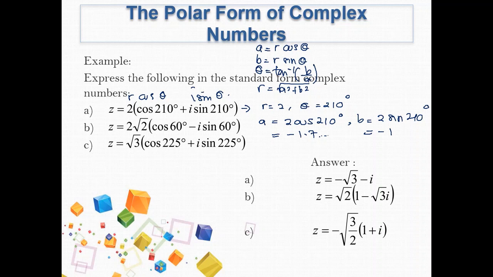So substituting back into standard form a plus bj, you will get negative 1.7 minus 1j.